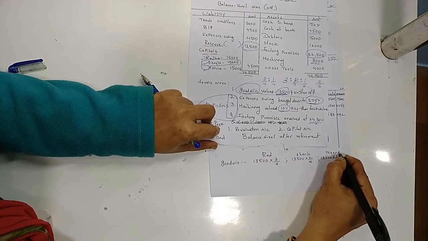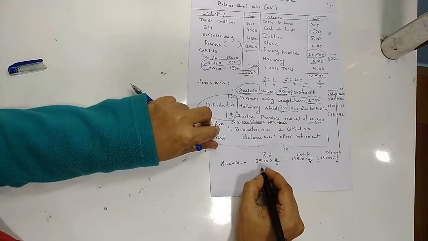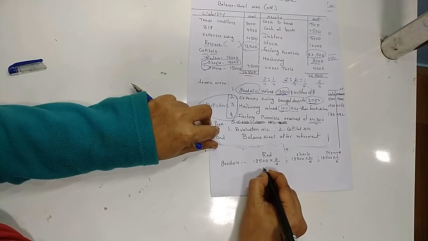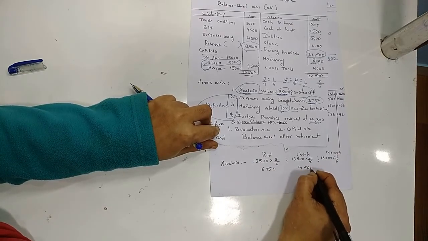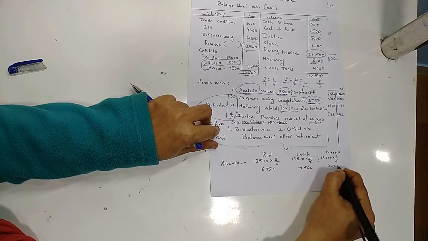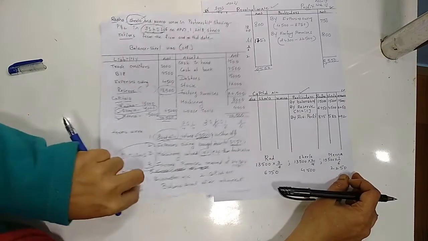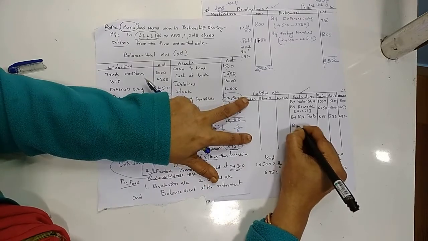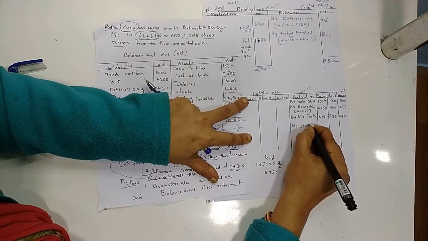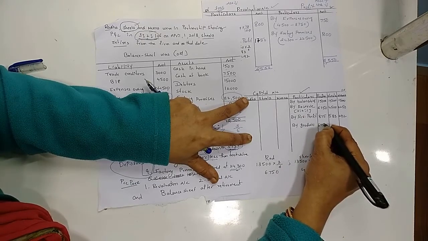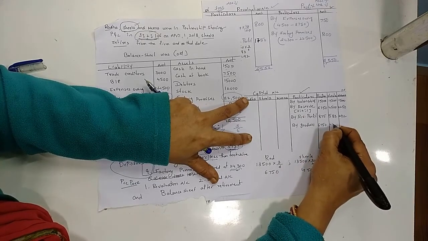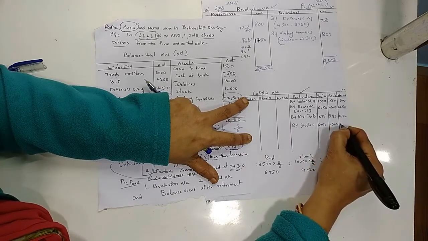The amounts will be 6,750, 4,500 and 2,250. So the investment increases by adding goodwill, because this goodwill is related to all three partners.